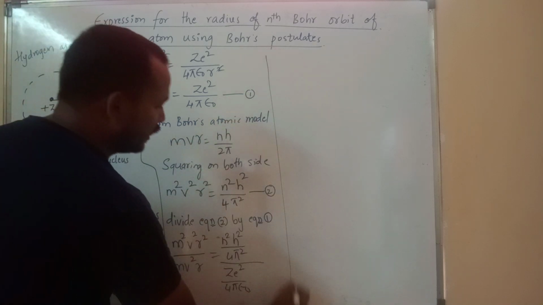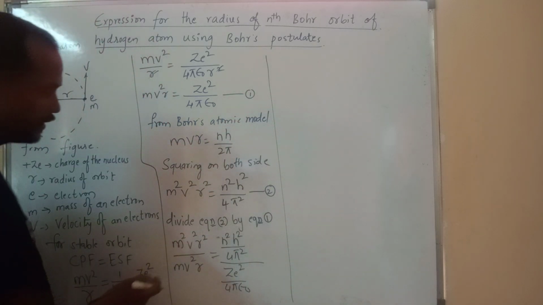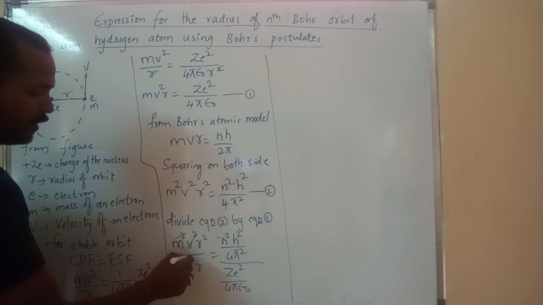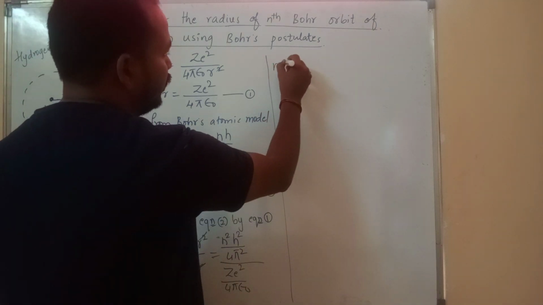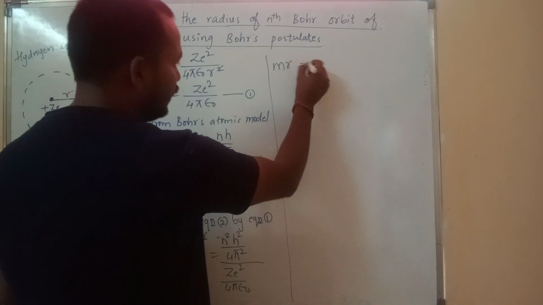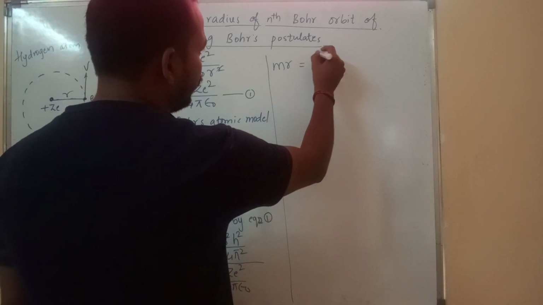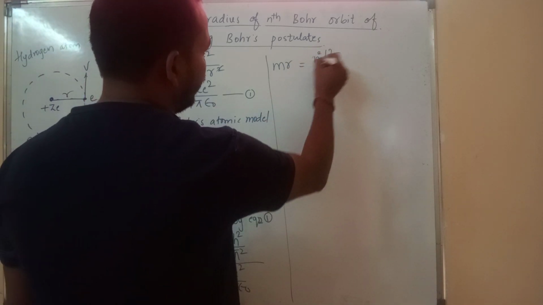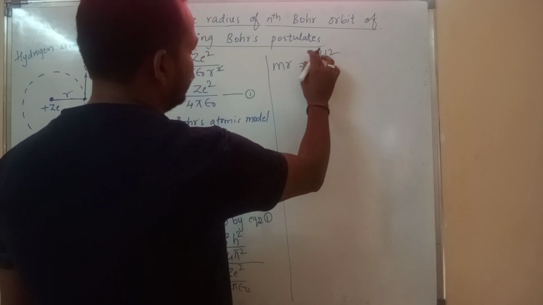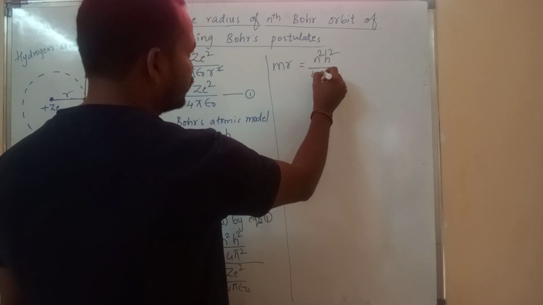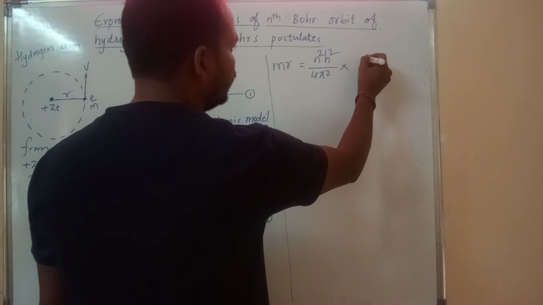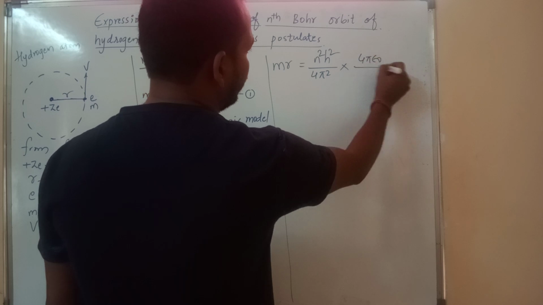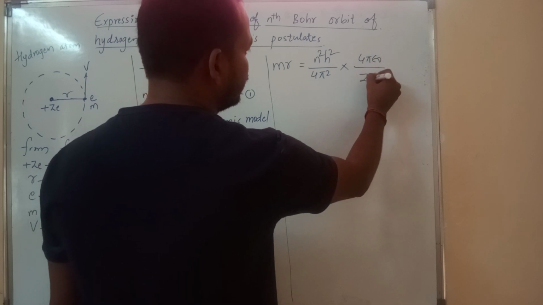This I'll alter and write here. So what will get cancelled? One m will get cancelled, v square will completely get cancelled, and one r will get cancelled. What remains is one m and one r, that is m into r, and here n square h square upon 4 pi square into, writing it in reverse, 4 pi epsilon naught divided by Ze square.